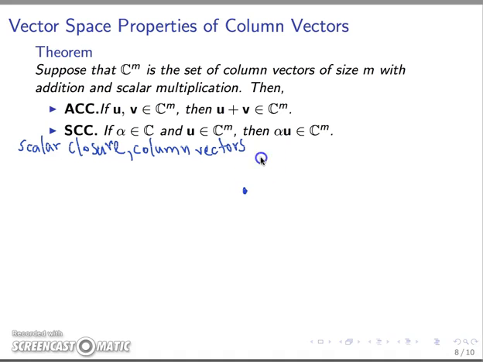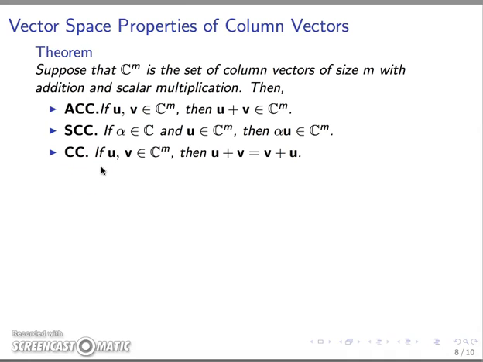You have a scalar, you multiply that by a column vector, and that gives you a new vector, which is still a column vector of the same length as the original. So this new vector is a member of CM, and the previous vector was also a member of CM. So there is a closure for this operation in this set of column vectors CM.